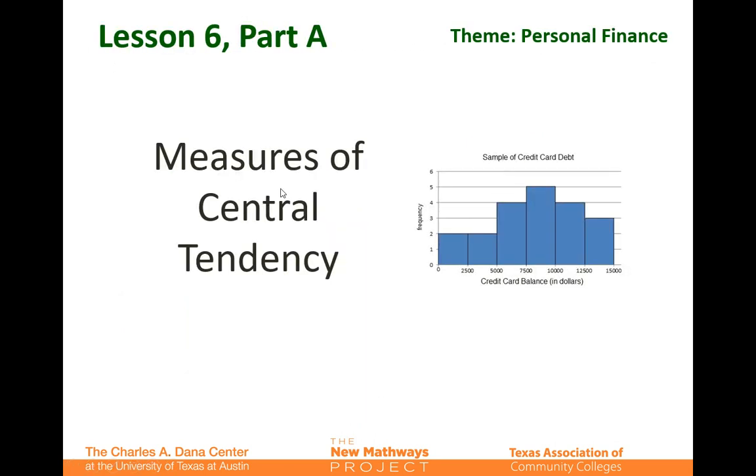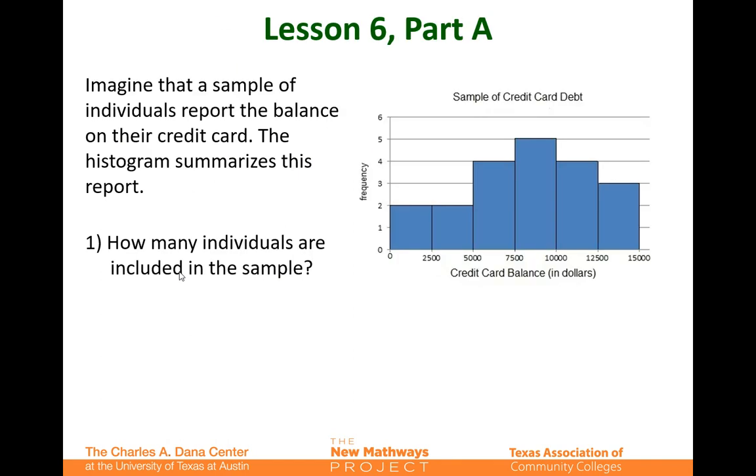All right, measures of central tendency. I suspect most of you remember these from school. We have three common measures of central tendency we want to talk about. Imagine that a sample of individuals report the balance on their credit card. The histogram summarizes this report. How many individuals are included in the frequency?